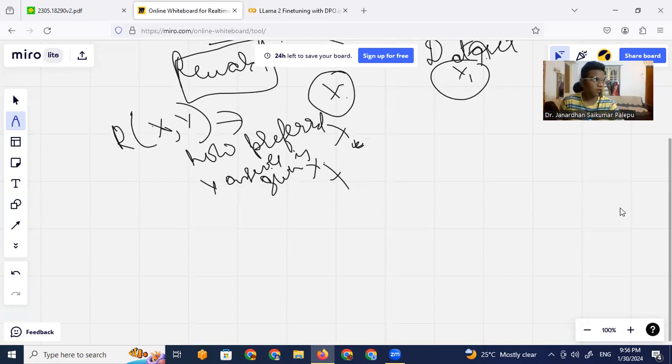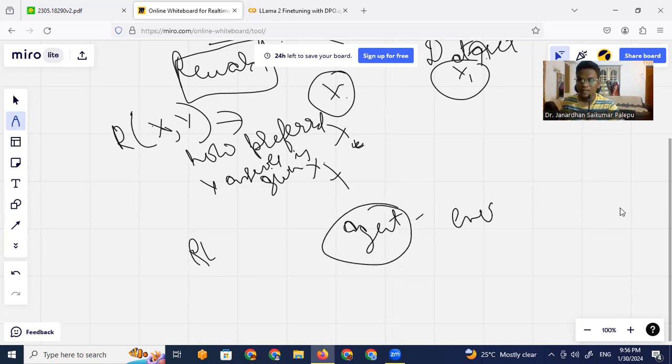After training the reward model on this data set, we will perform RLHF, that is, reinforcement learning. This reinforcement learning is actually quite simple. In reinforcement learning, you have an agent and an environment, and the agent tries to interact with the environment.